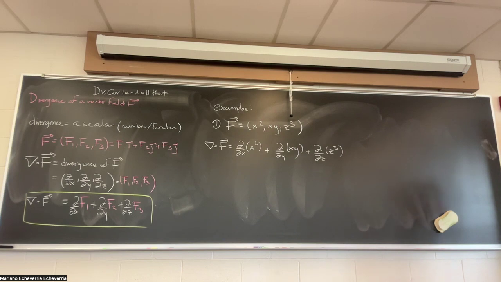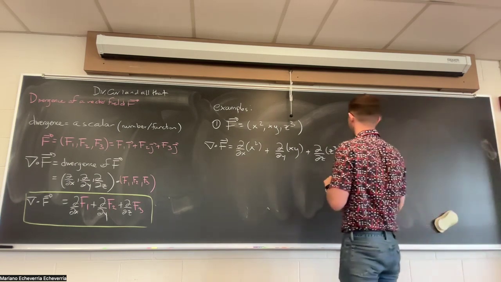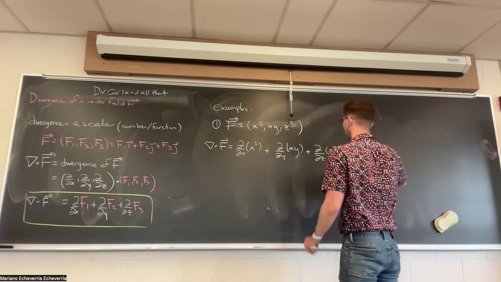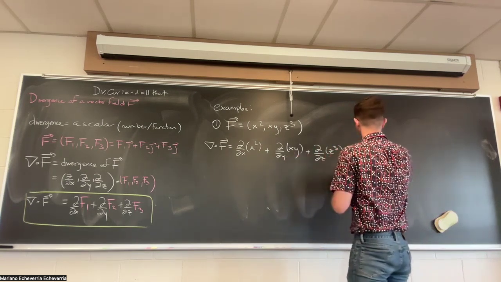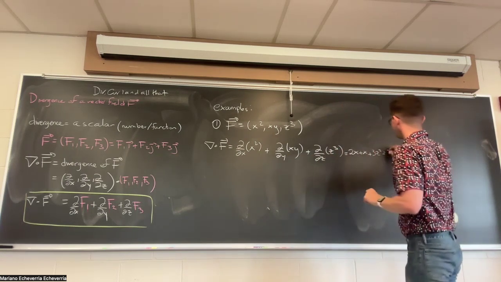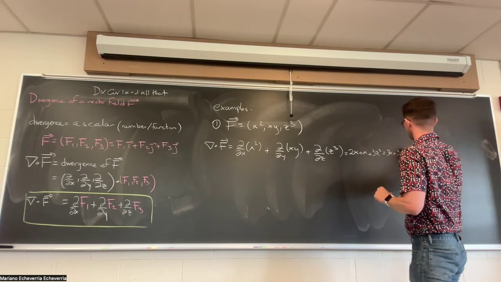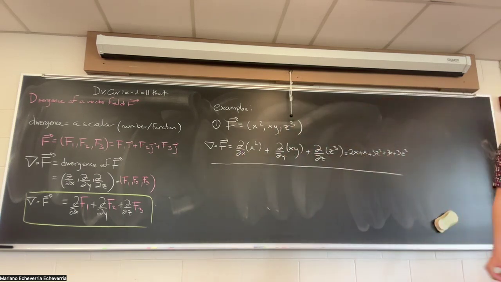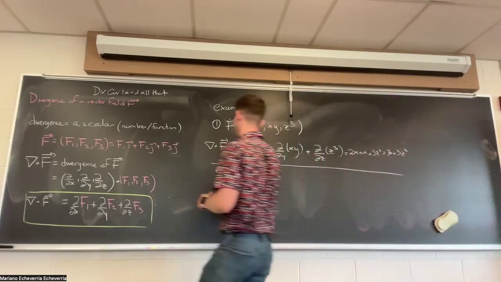So it is again a dot product of sorts, but this gives you 2x, this gives you x actually, and that gives you 3z squared, and so you get 3x plus 3z squared.